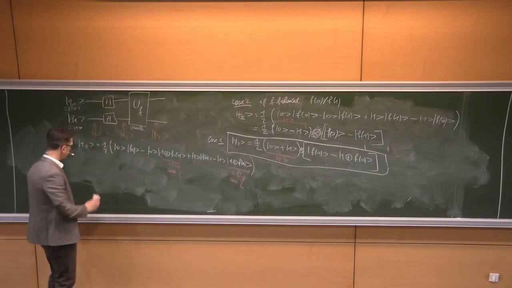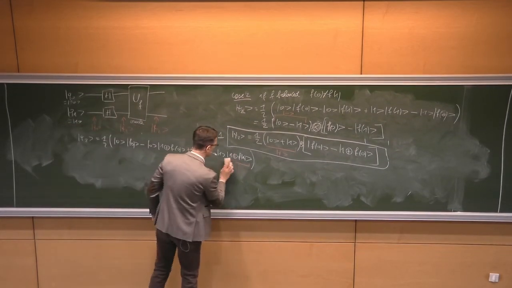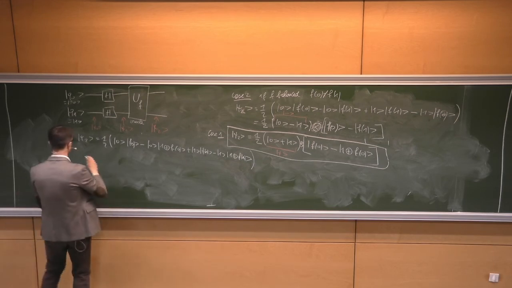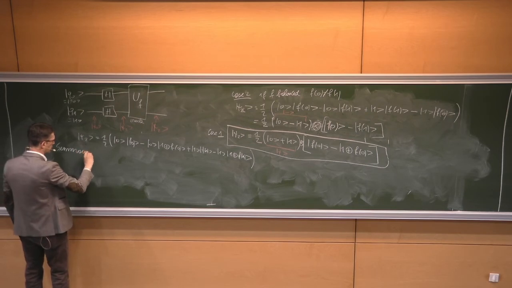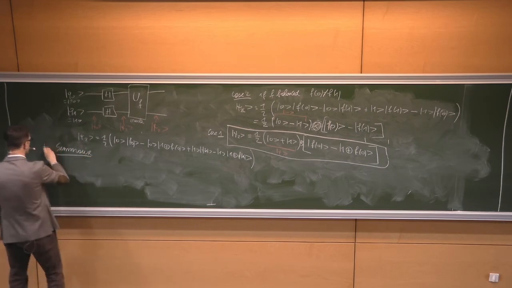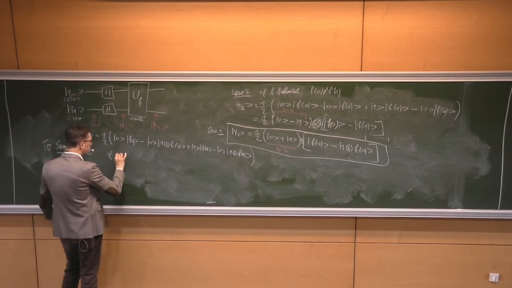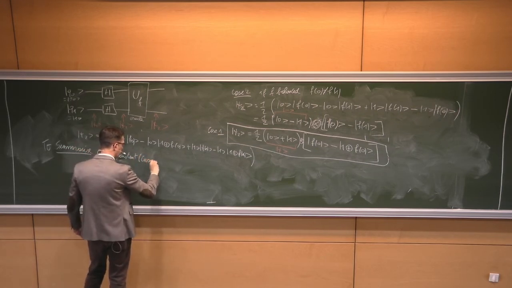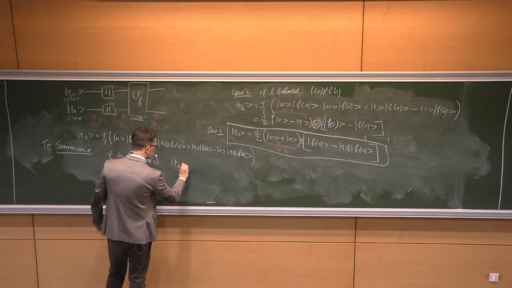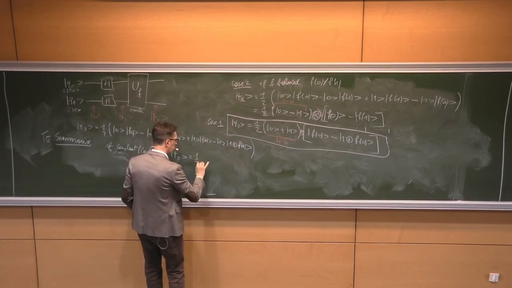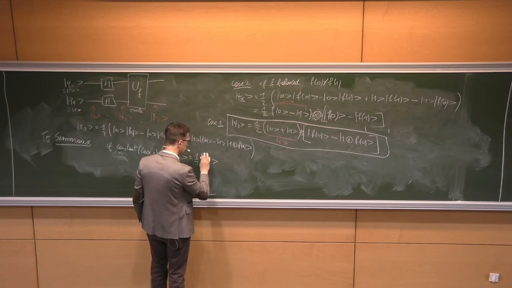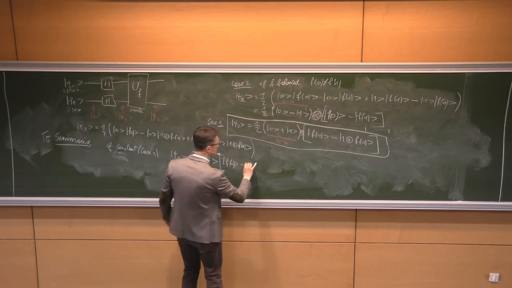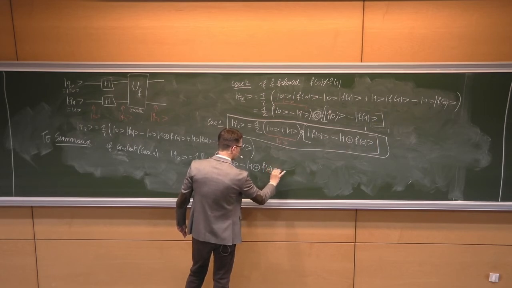So to summarize, I can rewrite psi 2. If constant, which is case 1, psi 2 equals 1/2 of plus, and then F0 minus 1 plus F0.